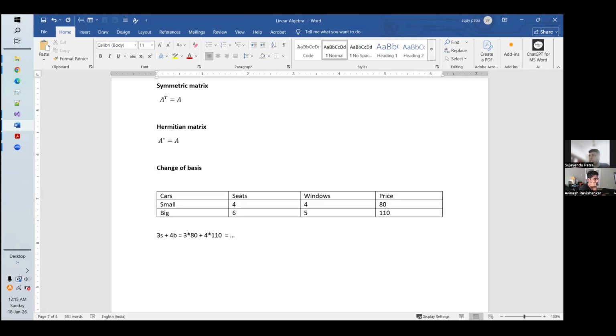Make sense? Yeah. Now, instead of thinking of cars charging us depending on small and big, can we think of cars charging us for seats and windows?